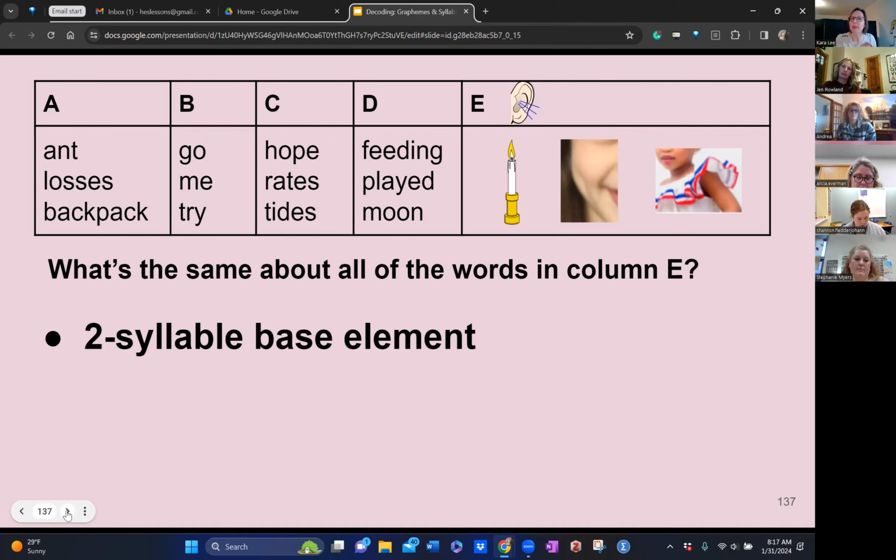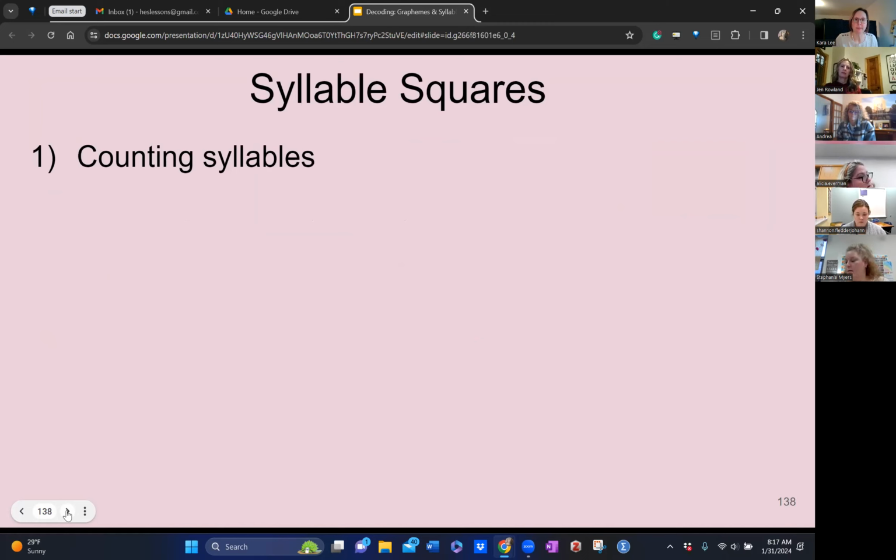A base is not the same as a word. Right? Because losses has 2 syllables, but it has 1 base. Okay? So that's our new thing we're learning here.